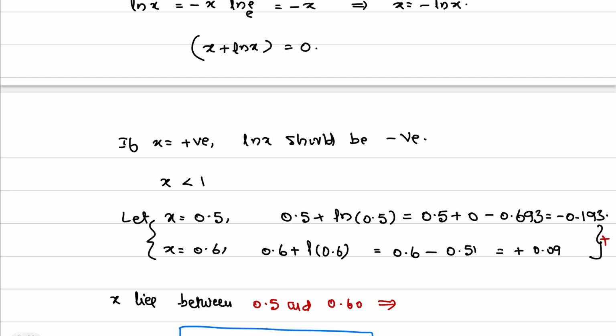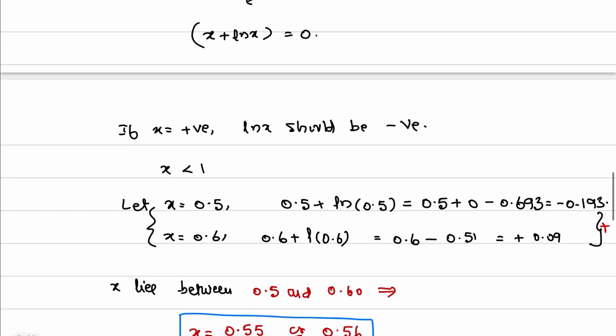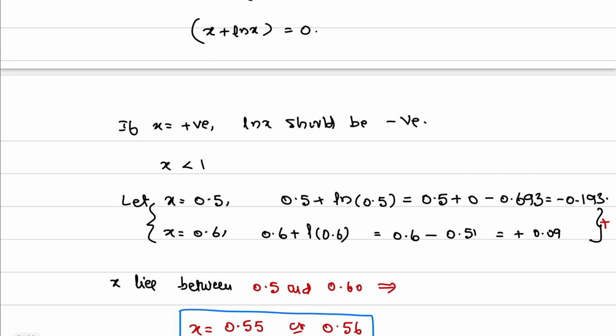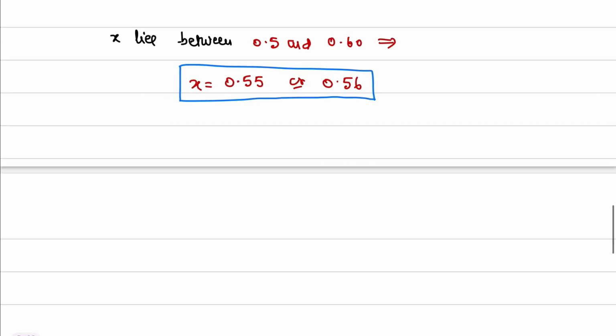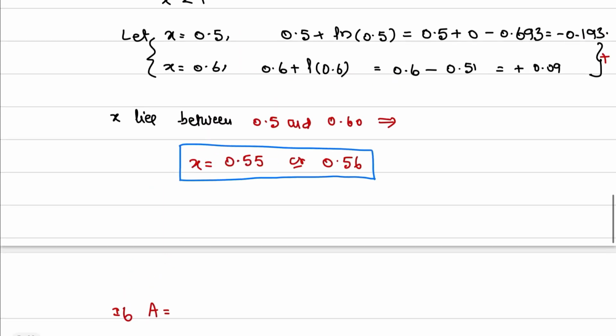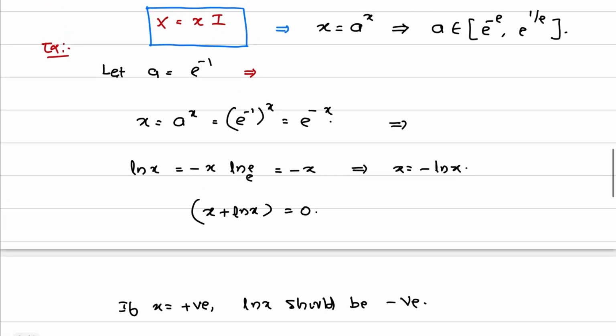If an online calculator is not given, go by this and you can solve the equation. Then x is equal to x into I. Then our final solution is, it is an example for a numerical for you to understand.